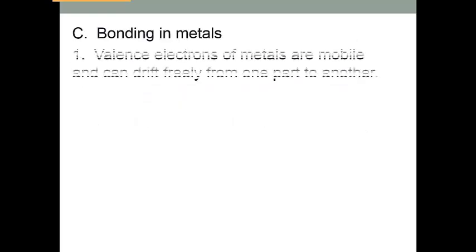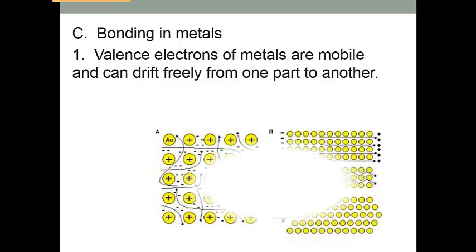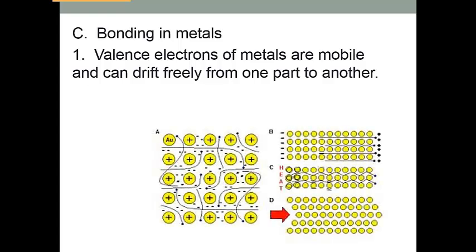If we take a look at metals, we know that the valence electrons of a metal are mobile. They drift, they can separate from one another, they don't necessarily stay in orbitals like we've talked about. So when we look at metallic bonding, two metals that have bonded together, we are looking at these little negatives right here. Notice that the negatives are moving around, because your positive is inside your nucleus.